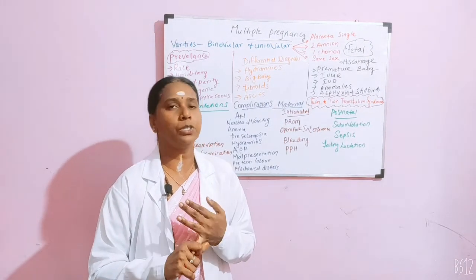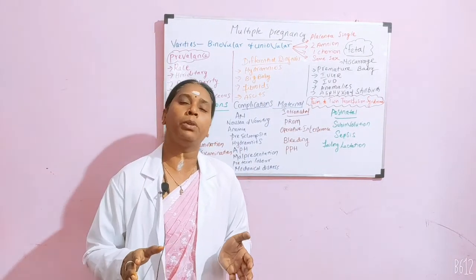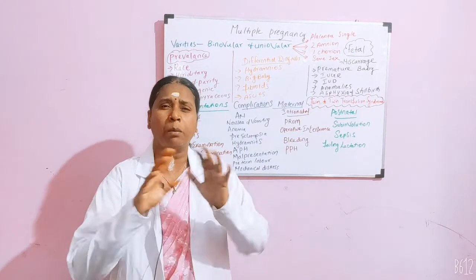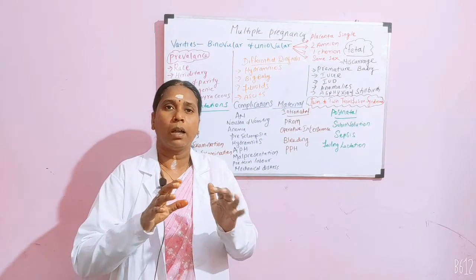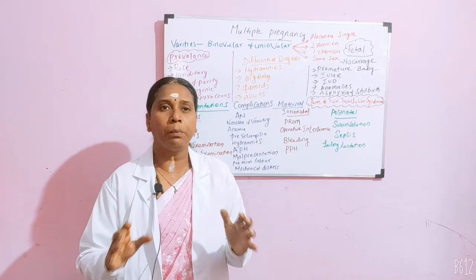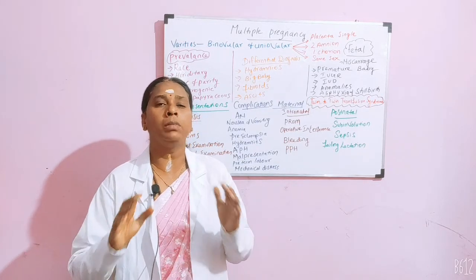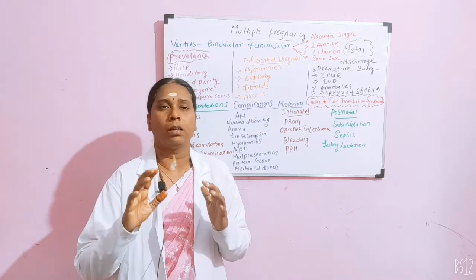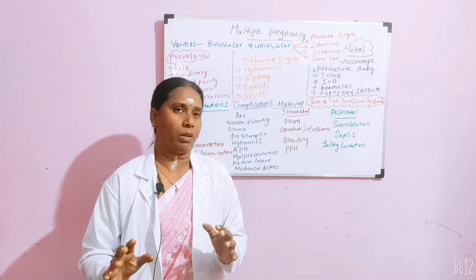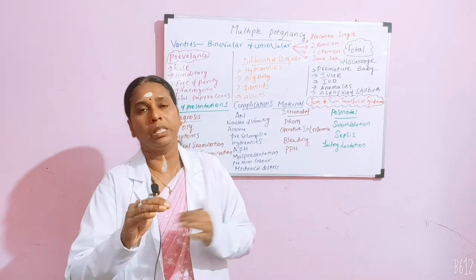On inspection, when you look at the abdomen of the mother, you see the abdomen is enlarged, bigger than the normal for the gestational age the mother is having. So it doesn't correspond with the gestational age.